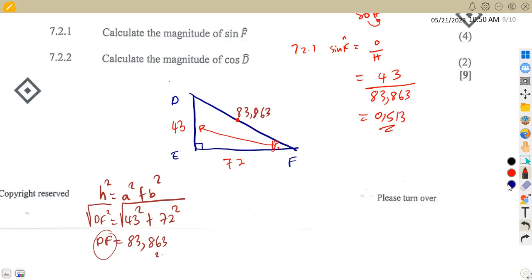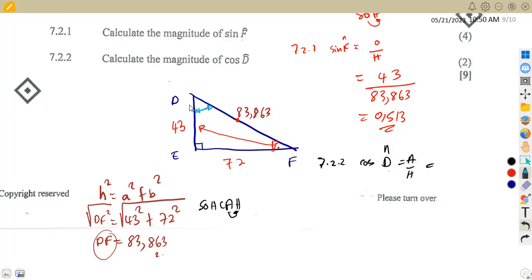We move on to the cosine of D, in this case, 7.22. The cosine of angle D, remember cos from our SOHCAHTOA here, cos is adjacent over hypotenuse. So it's going to be adjacent over the hypotenuse, of which the adjacent, according to angle D, this is our angle D here.